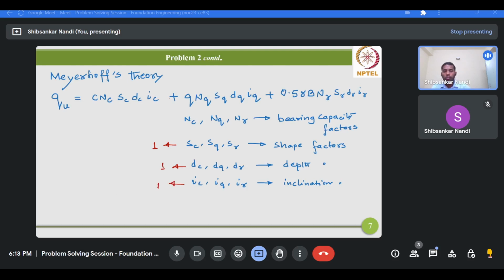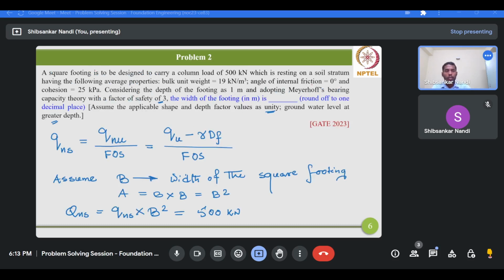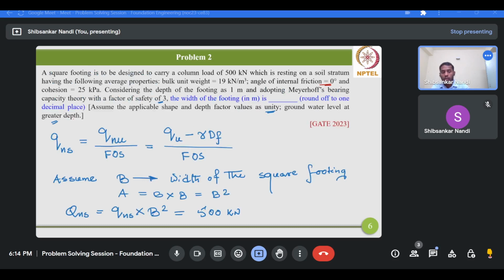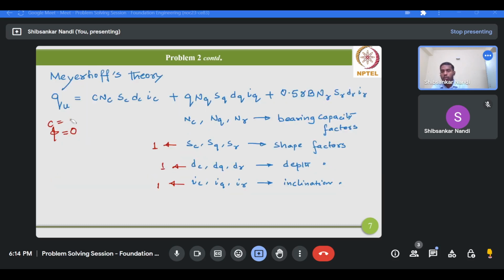Okay, so this is a purely cohesive deposit because the angle of internal friction value is 0. So therefore, as per Meyer, phi equals 0 and C equals 25 kPa.